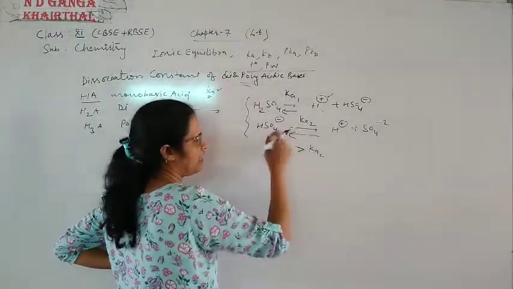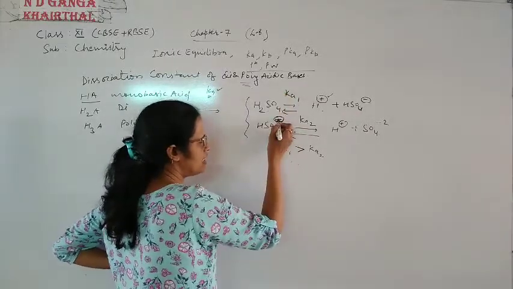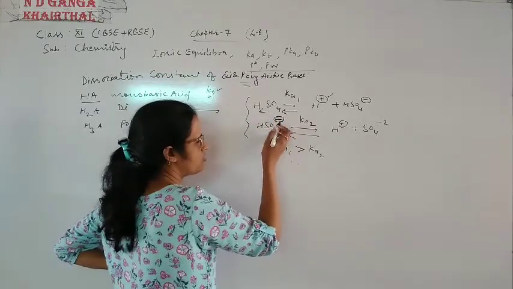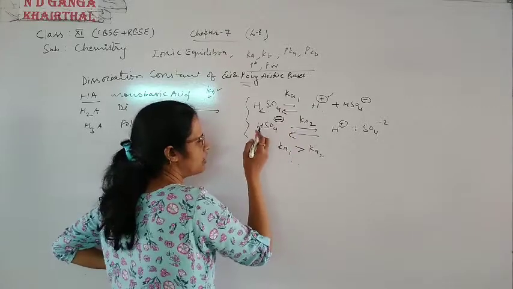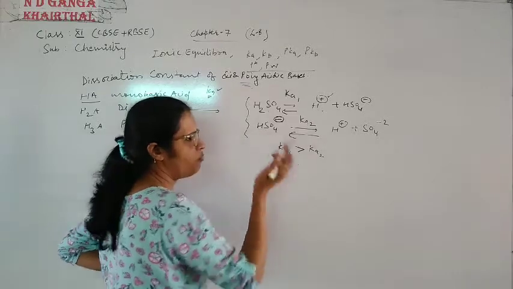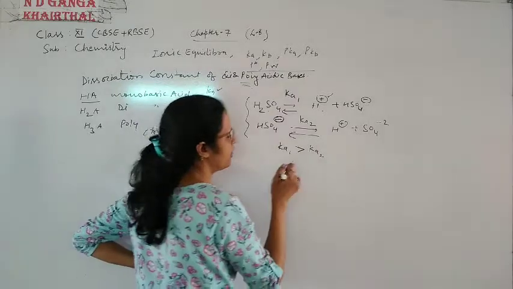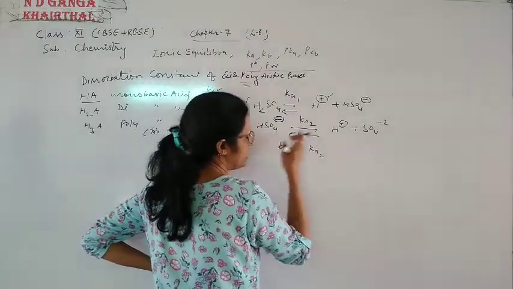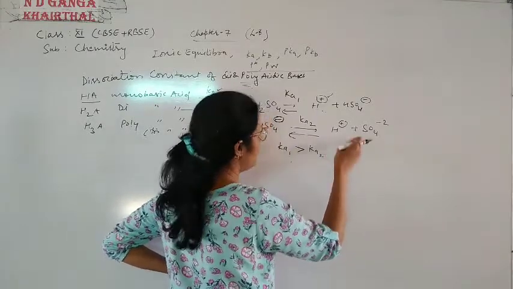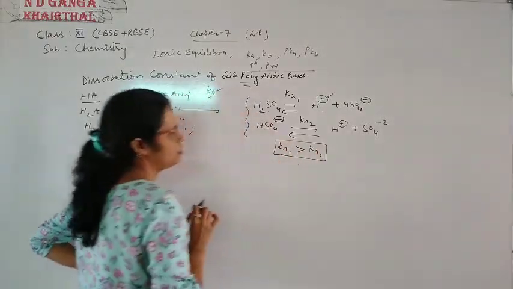In the anion there is a negative charge, which will not easily let this H-ion be removed. H-ion removal will be difficult. That's why this acid dissociation will be less or slow in comparison to the first. So Ka1 will be greater than Ka2.